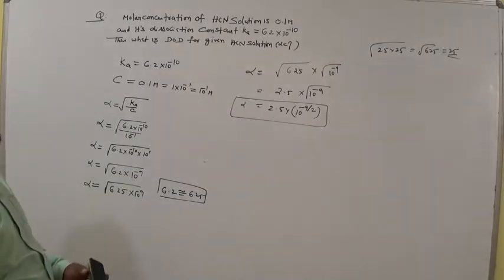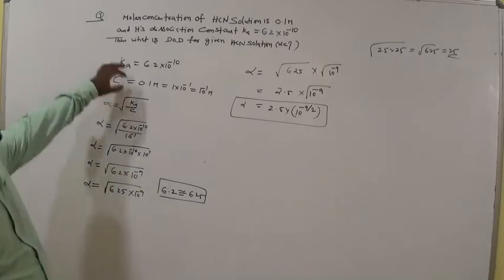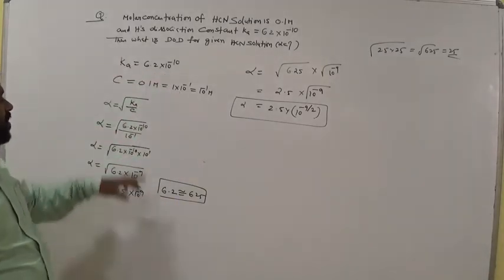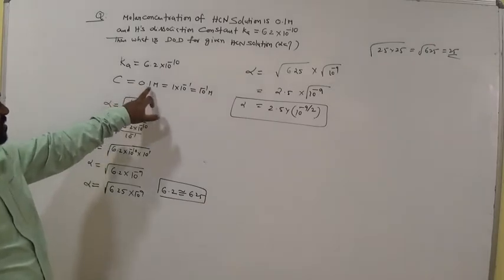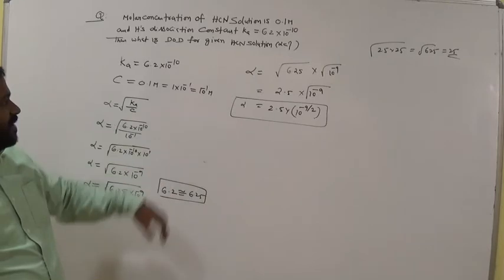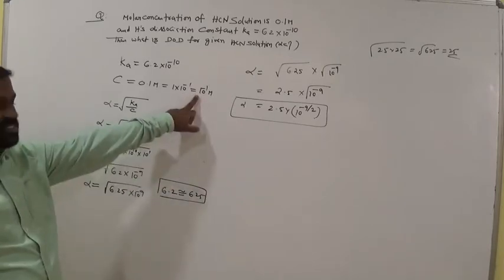So such kinds of problems we have. Once again, Ka is equal to 6.2 into 10 power minus 10, where C is 0.1 molar, given already. It can be written as 1 into 10 power minus 1 molar.